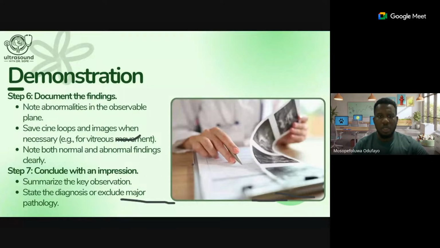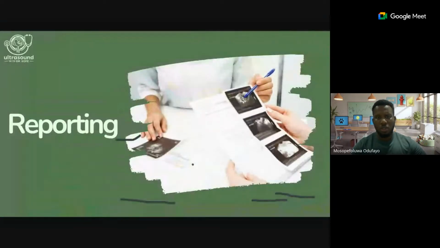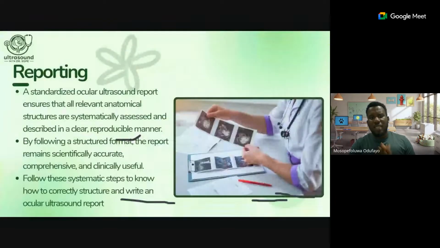And then the last thing you're going to do, the last step, is to conclude with an impression. Summarize your key observations and state the diagnosis or exclude major pathology. How do you report? Very simple.